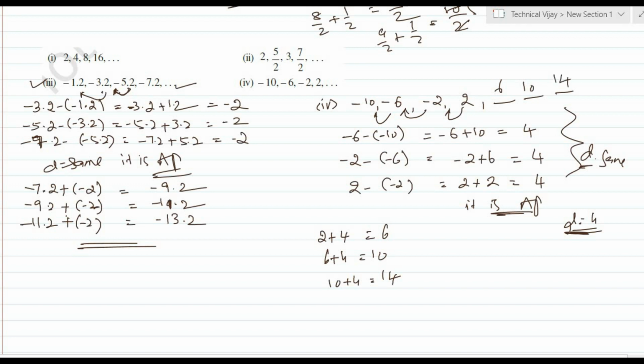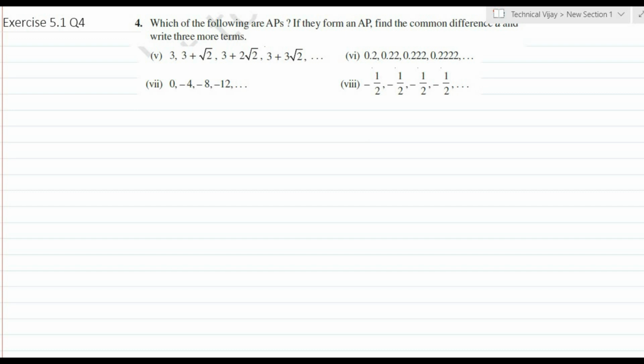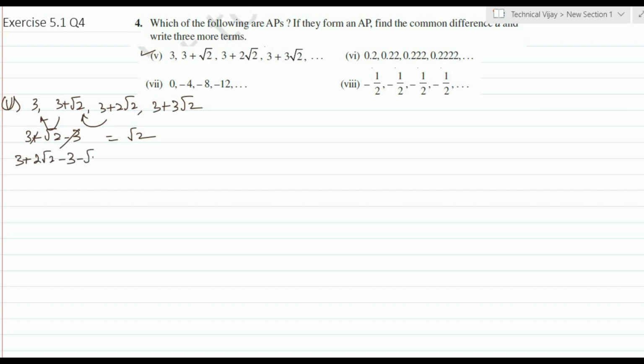Okay, next one. So here, the fifth portion: 3 plus root 2, 3 plus 2 root 2, 3 plus 3 root 2. So we have to find the difference here. 3 plus root 2 minus 3, which is equal to root 2, as the 3 cancels. Then 3 plus 2 root 2 minus of 3 plus root 2, that will be minus 3 minus root 2.